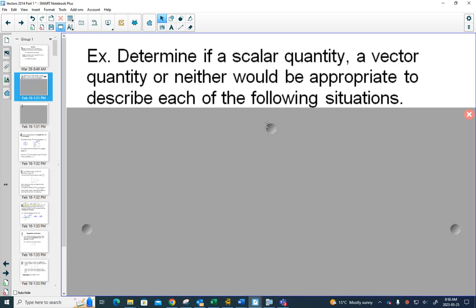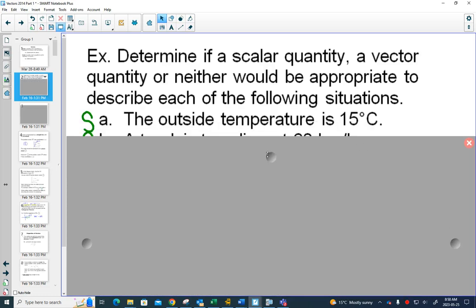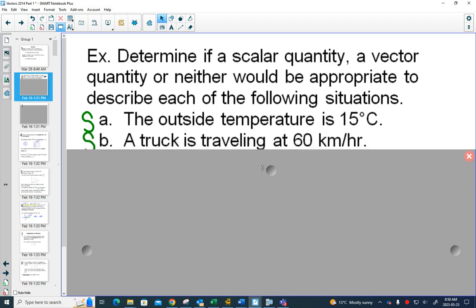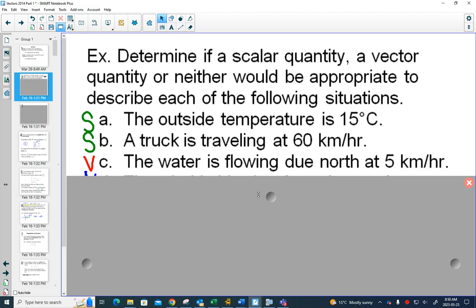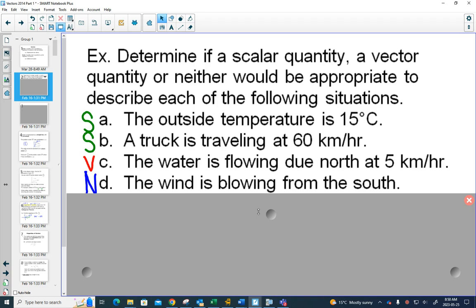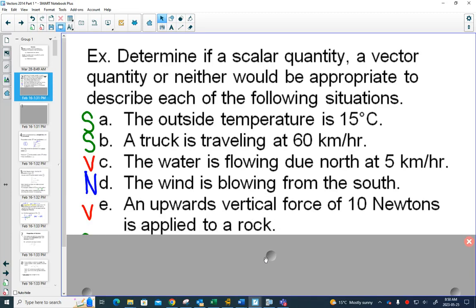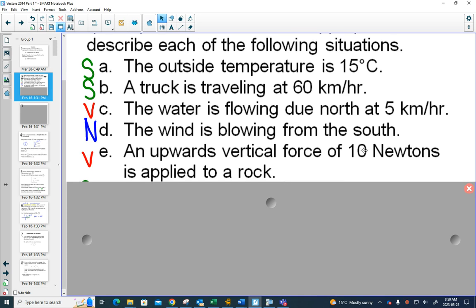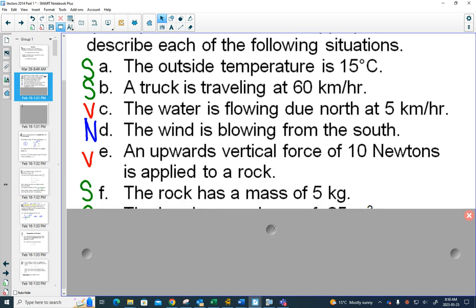All right, let's see how you did. Scalar, temperature doesn't have a direction there. Truck, no direction, scalar. Water flowing due north, okay, we've got a direction and a length. Wind blowing from the south, here you have a direction, but you don't know what its magnitude is, so it's not a vector here yet. Upwards vertical force, so we've got a measurement and a direction.